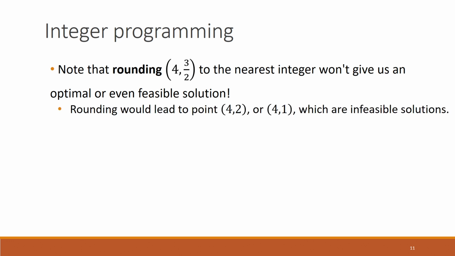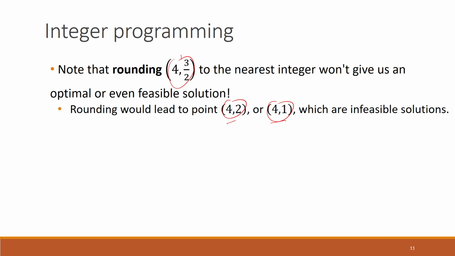Why is that? Because if you round this solution, you will get either (4, 2) or (4, 1), okay, and it just so happens that both of these solutions are infeasible for the optimization problem shown in the last slide, okay.